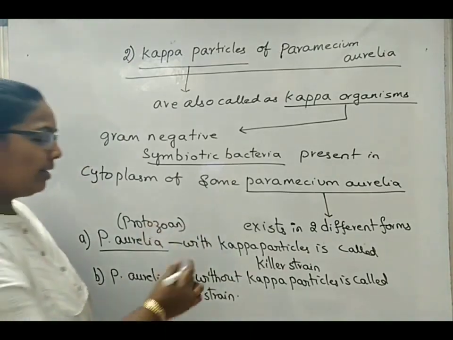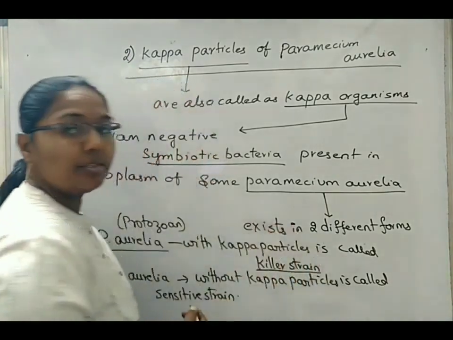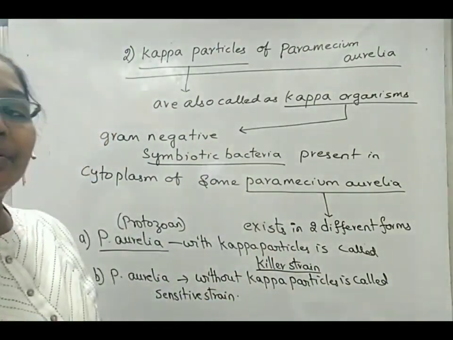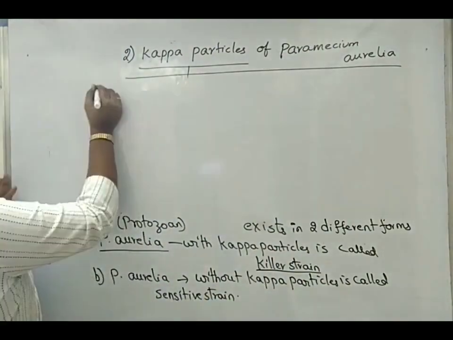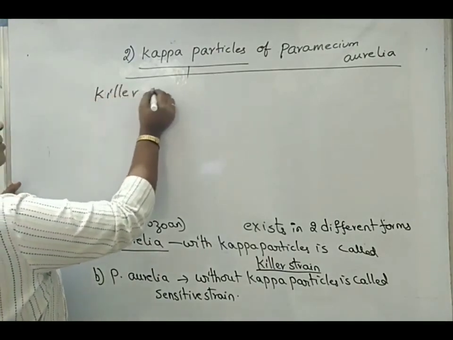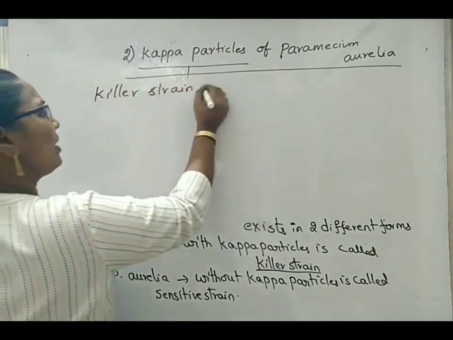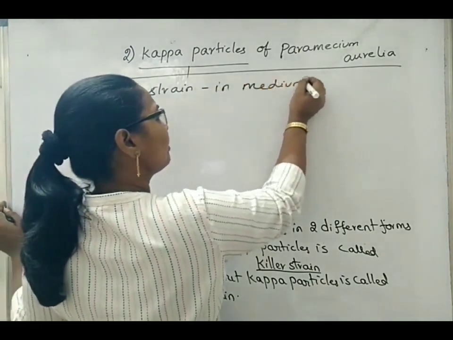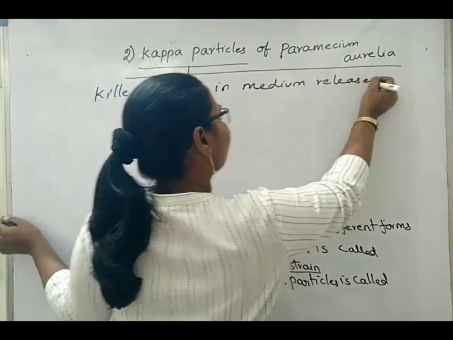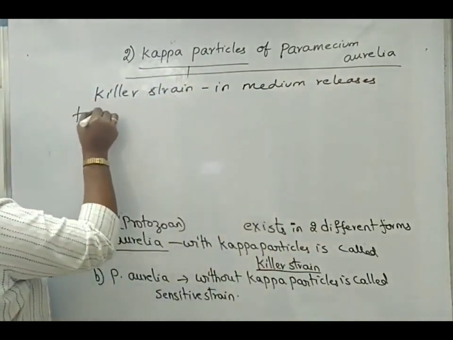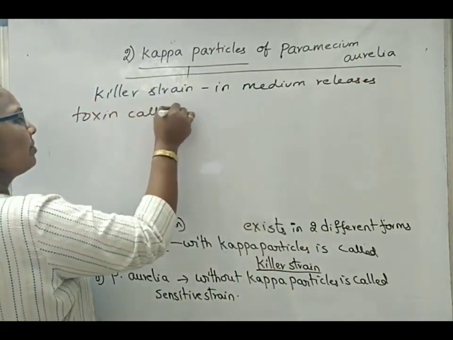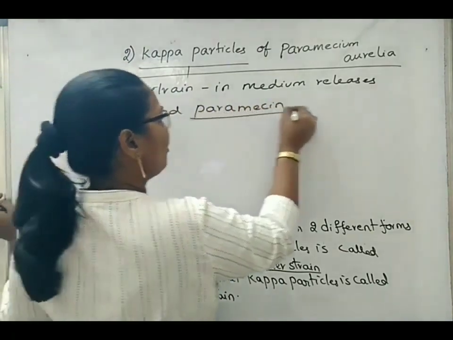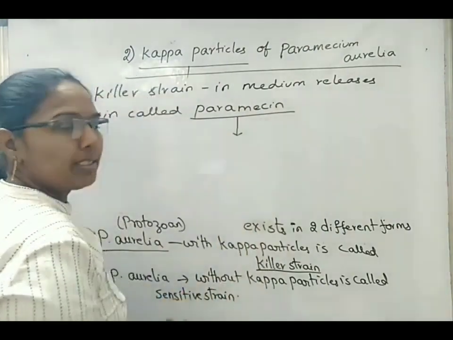Now, when this killer strain is released into the medium it is residing in, it produces a special type of toxin called paramecin. What is the nature of this paramecin?